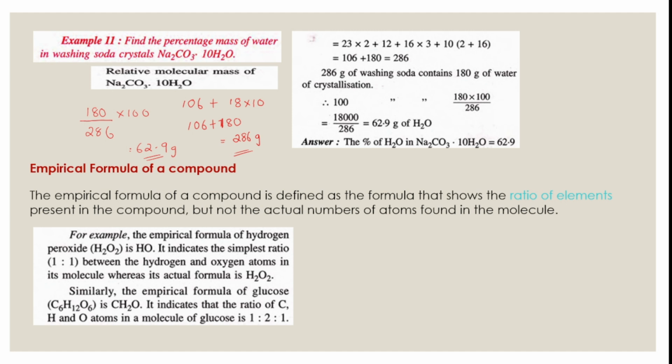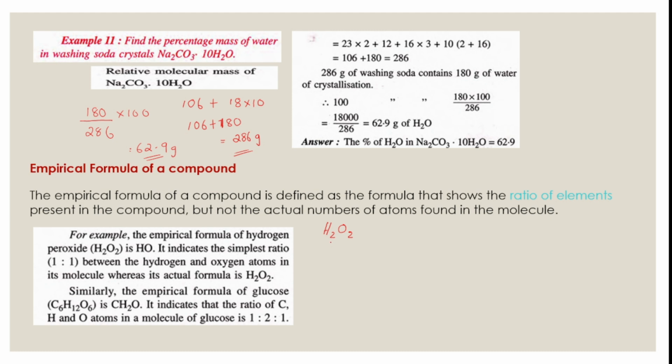Now the last part of this chapter is empirical formula. What is empirical formula? It helps us to find out the ratio, not the mass. It helps us to find out the ratio of each element in a compound, in what ratio they are existing in a compound. For example, let us take hydrogen peroxide, H2O2.